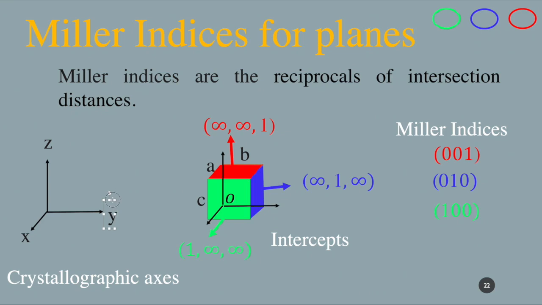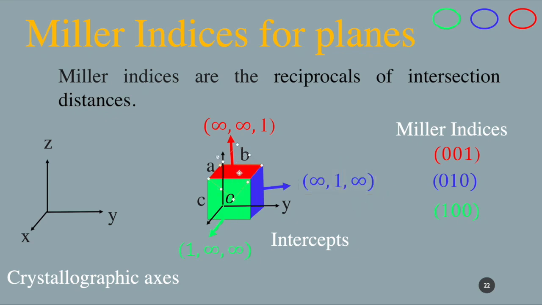Obviously in the y direction. In the x direction it does not have an intercept, so it is infinity, and in the y direction it intercepts at one unit, because the length of this part is b, so it's 1 unit. And in the z direction it is also not intercepting, so it is infinity.